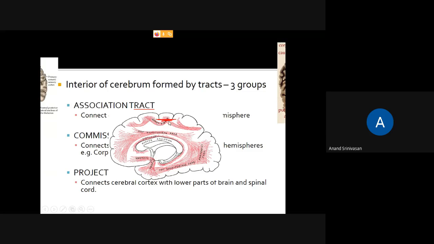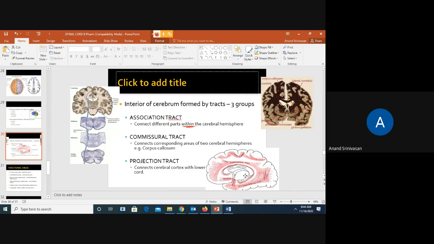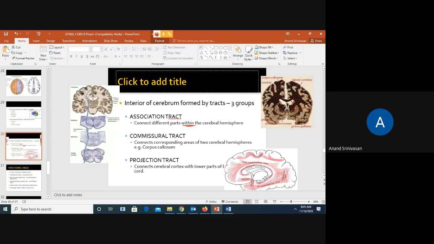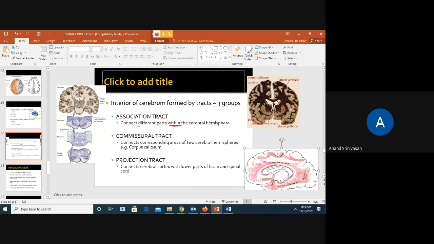So these are fibers which are connecting the parts of the brain within each cerebral hemisphere. So this is an association tract. That is, they connect different parts within the same cerebral hemisphere.